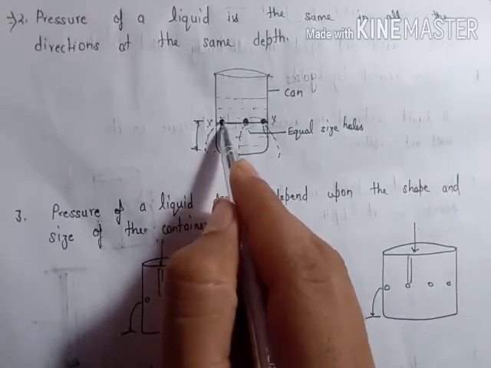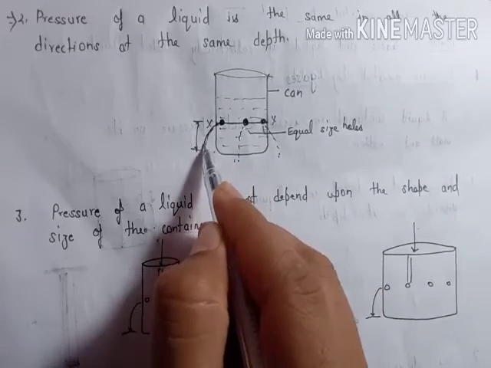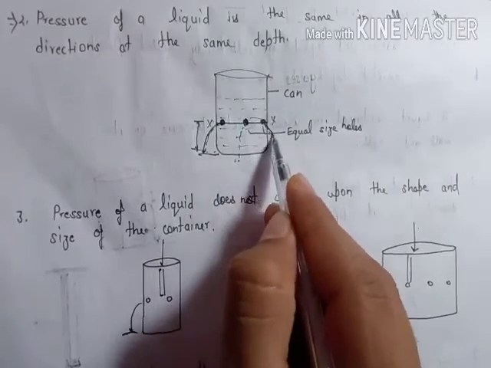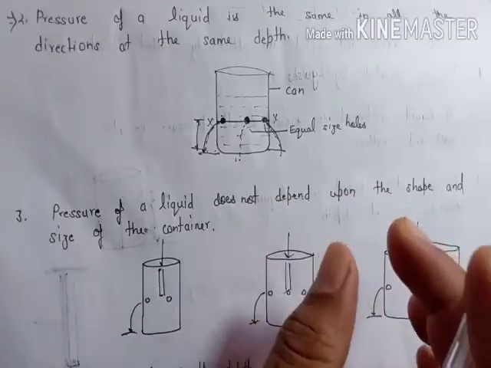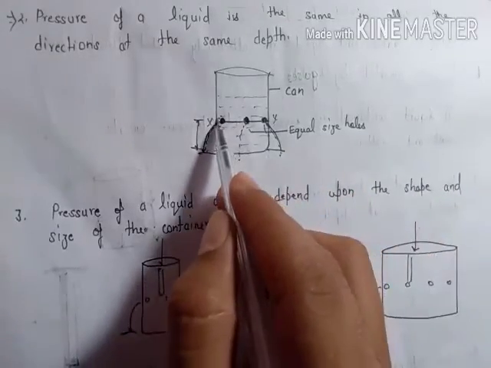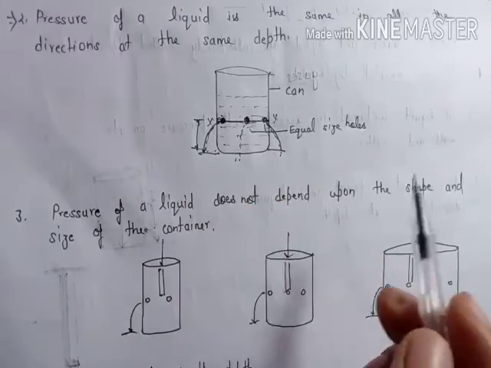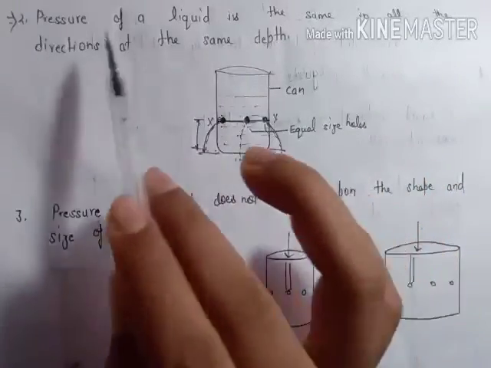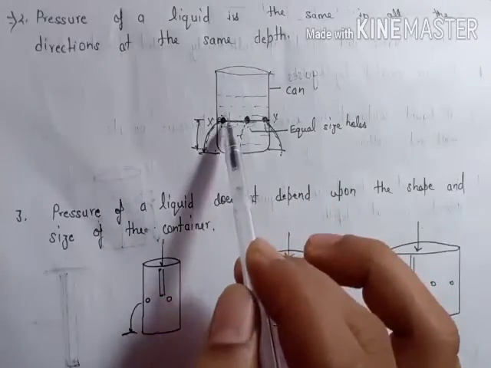When we observe the distance the flow covers from the bucket, it is equal in each condition. It means that the pressure being applied on the surface in water is equal for each condition. So we can write that the pressure of a liquid is the same in all the directions at the same depth.